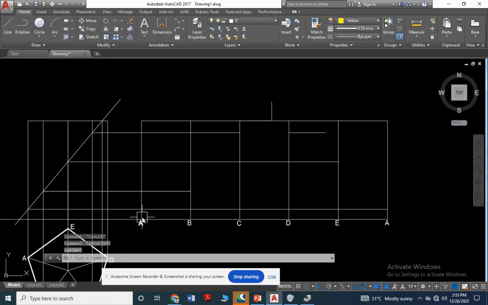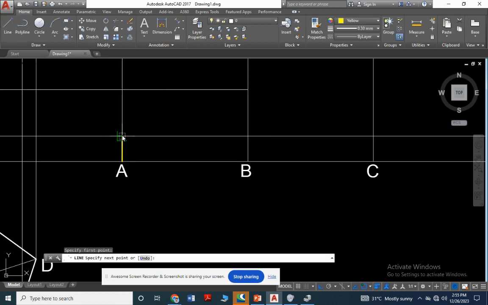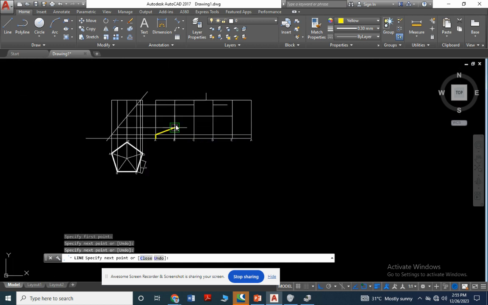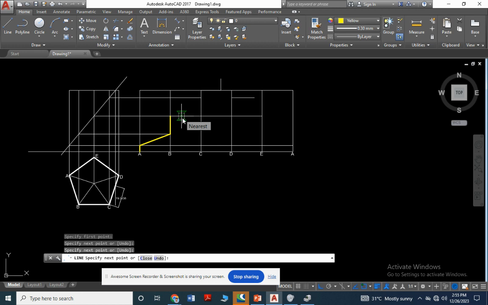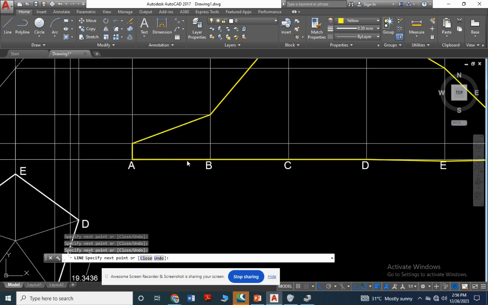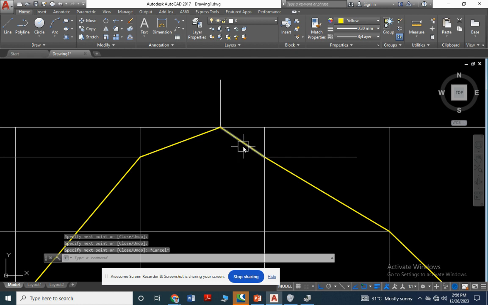Draw the line from A, again B, C, sorry, E. So B to C, C to D, here D, D to E, E to A, and this point. And this is the development of the surface.